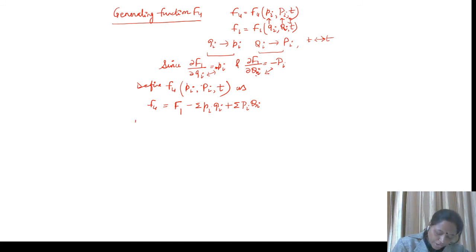Now again you find F1, which is F4 plus summation p_i q_i minus summation capital P_i Q_i.